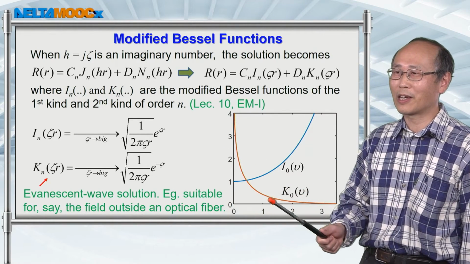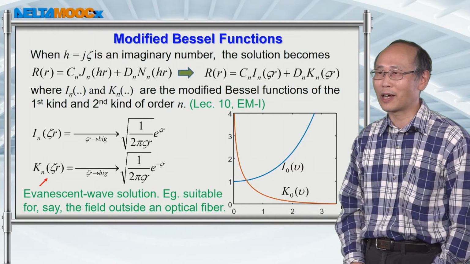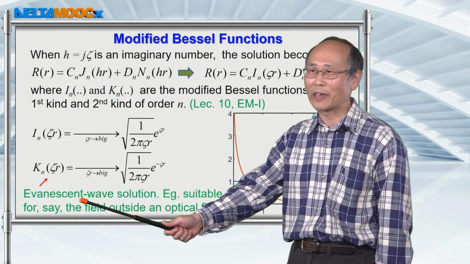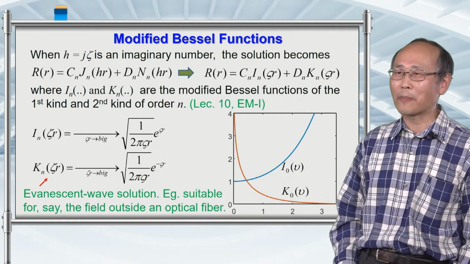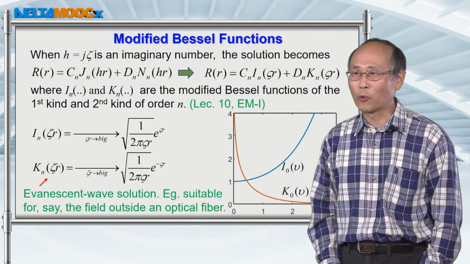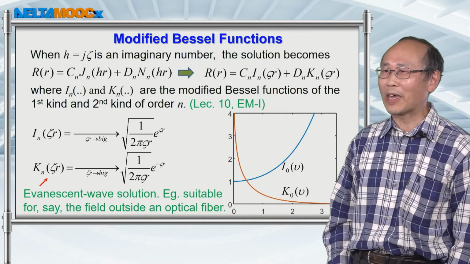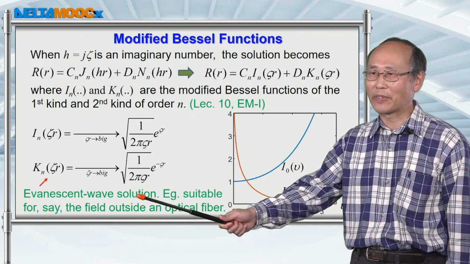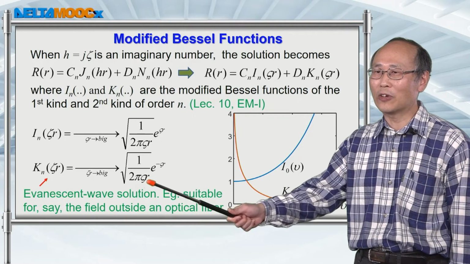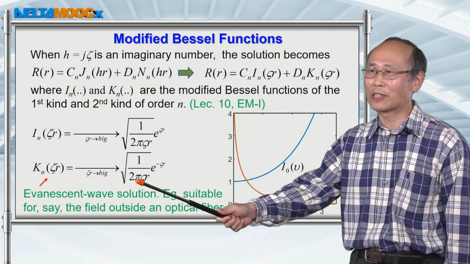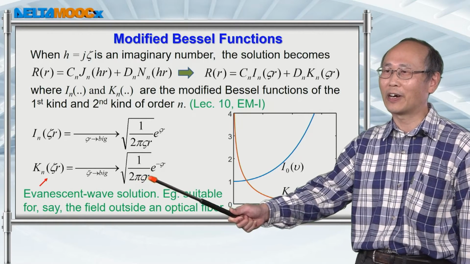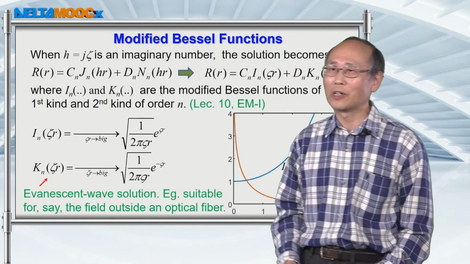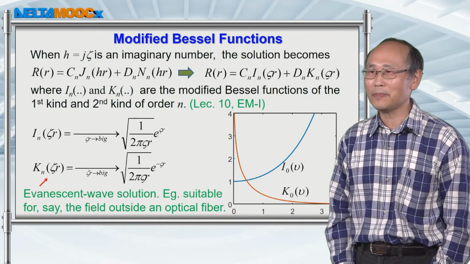And this is a solution that will be adopted for an evanescent wave. For example, if you have an optical fiber and the wave is guided inside, but the wave outside the optical fiber is going to be an evanescent wave, then the field is going to be described by this modified Bessel function of the second kind, and this n again is a mode number along the phi direction.